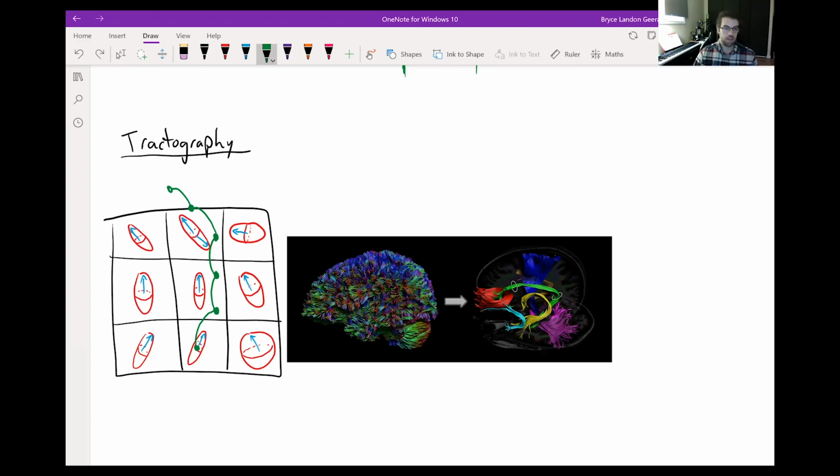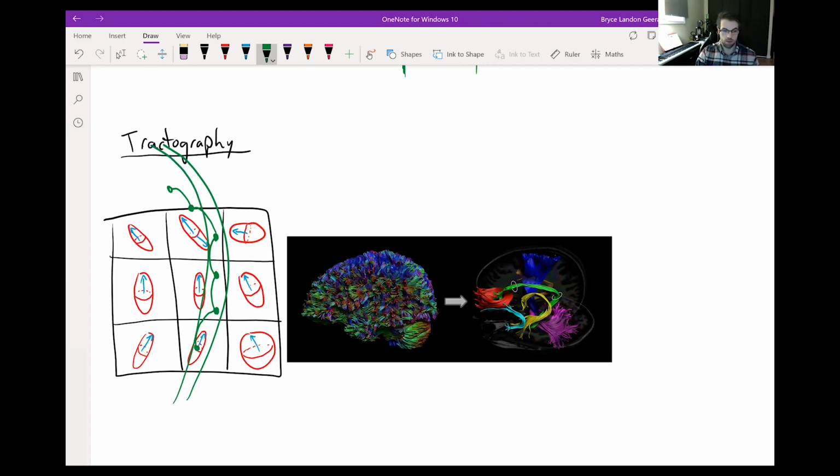But the result of this method of just connecting the dots, essentially following the path that the tensors lay out for you until you reach some threshold of diffusion tensor thickness or size that causes you to stop this process, you can connect the dots and presume that's where a tract of fibers is, right?